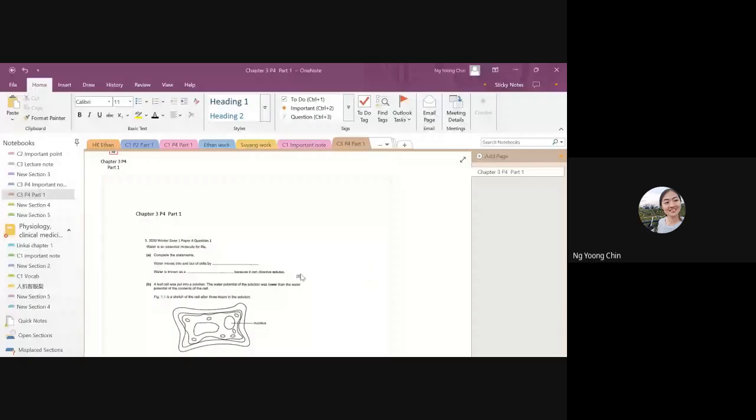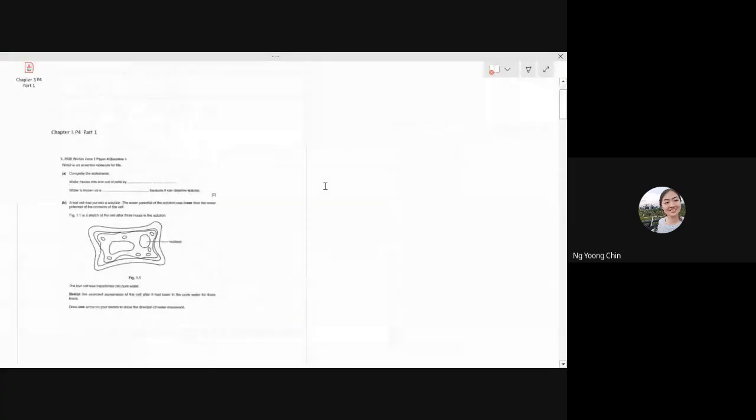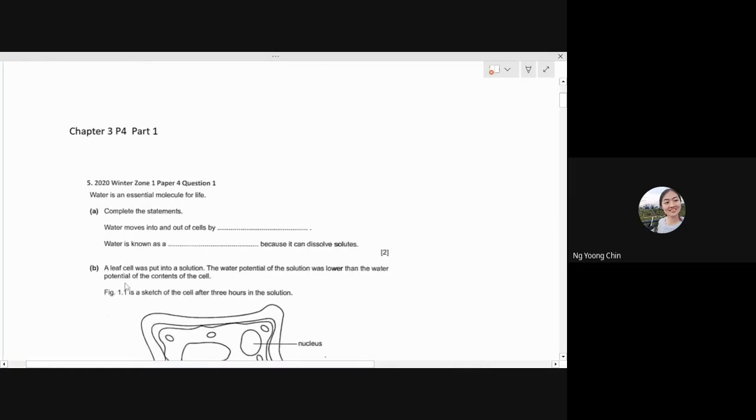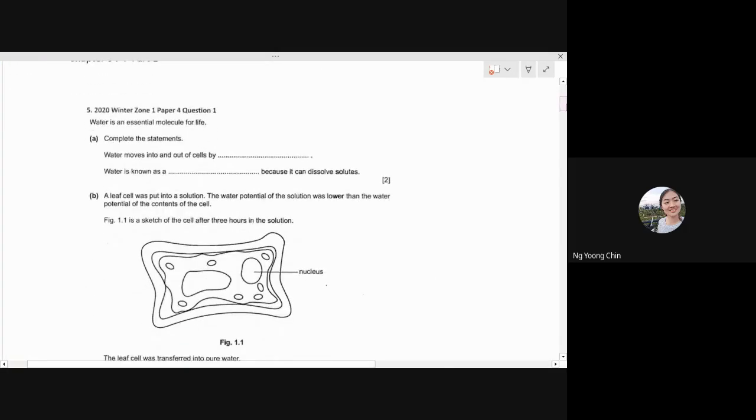You can open the, I think it's this one, right? Sorry. Okay. You can open the document that I sent in the WeChat group, which is chapter 3, paper 4, part 1. Let's try part 1 first. This one. Okay, after you're ready, let me know, and then we can start to do the questions together.